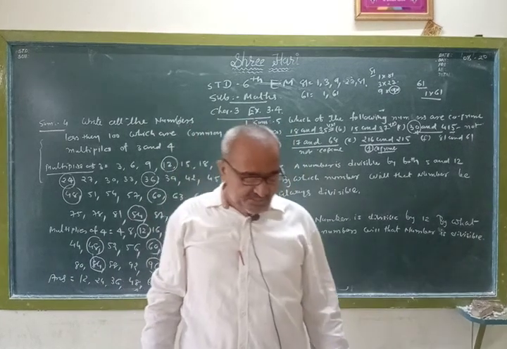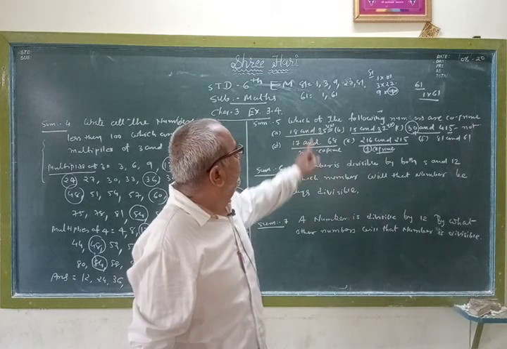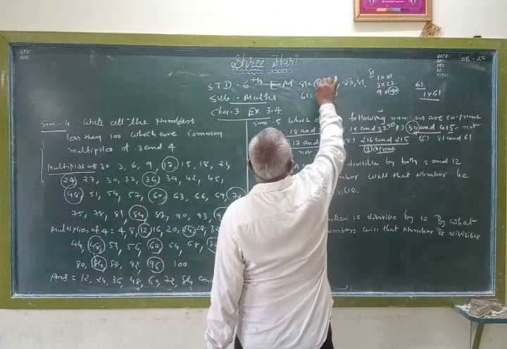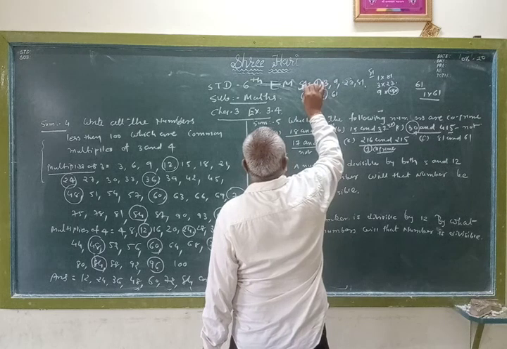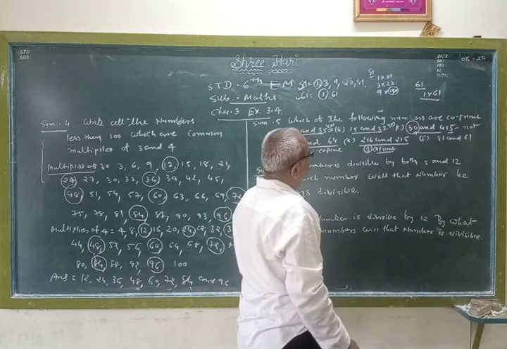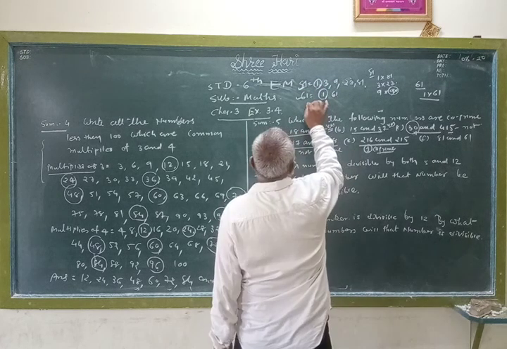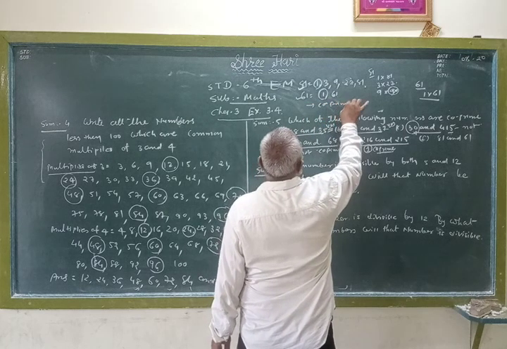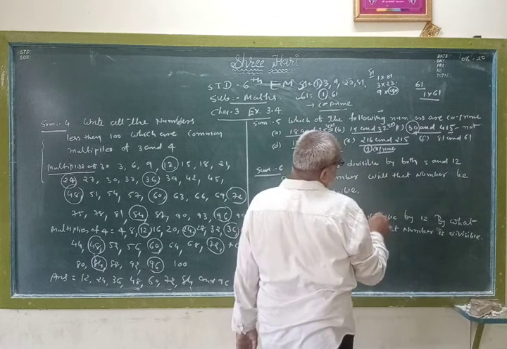Friends, we can say here, see here, the 1 is common in 81 and 61. So it is also a co-prime pair. So here co-prime.